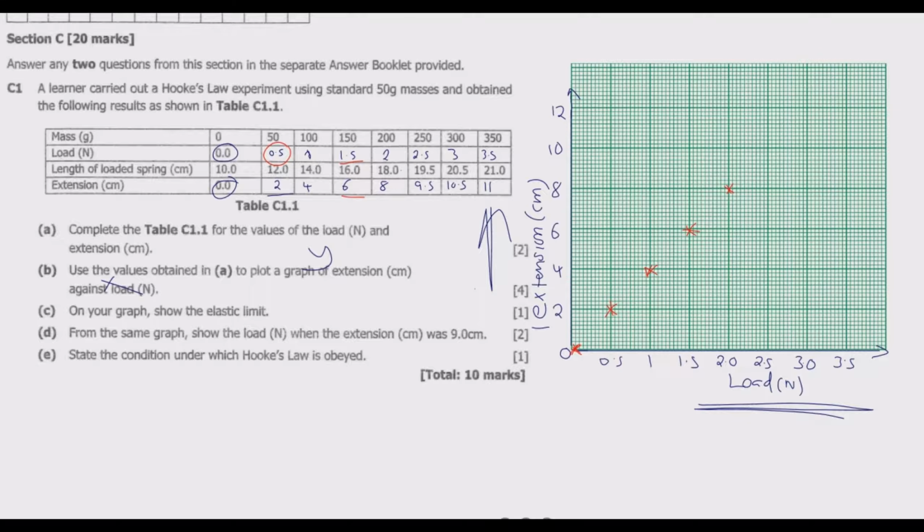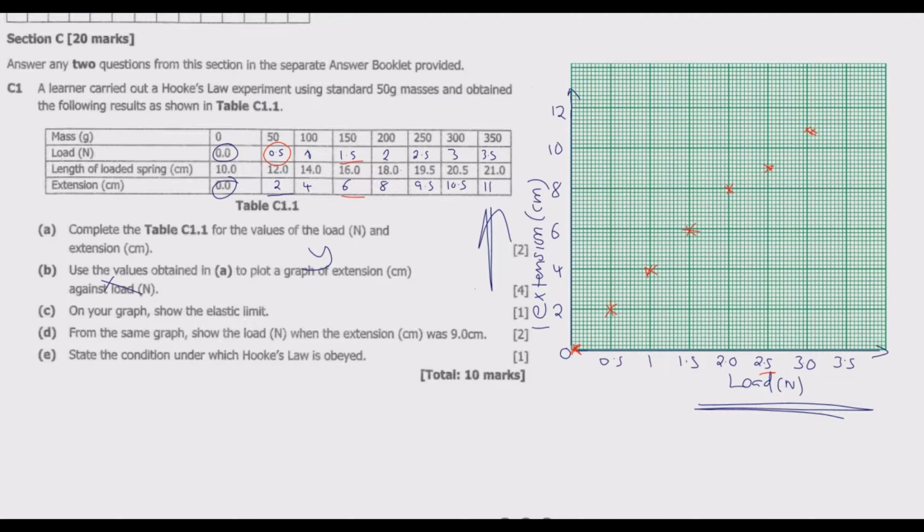Then we have 2.5, 9.5 instead of 10. So you see coming to 9.5, which is just at halfway of that. Then next is 3, 10.5 instead of 3, 12, which is somewhere here.